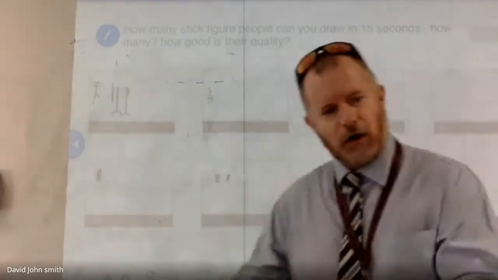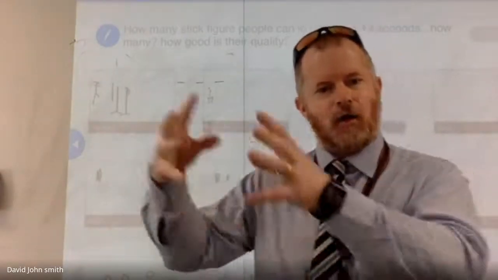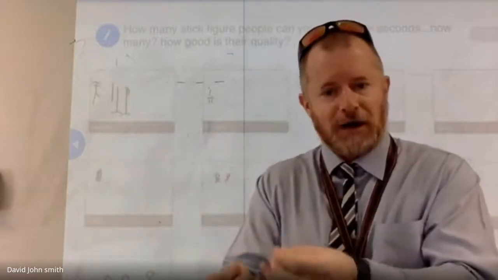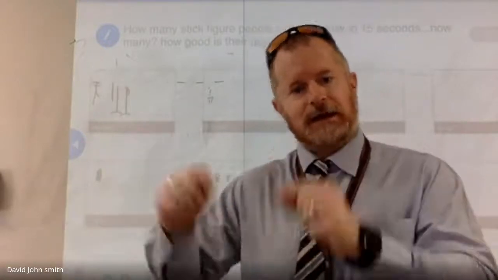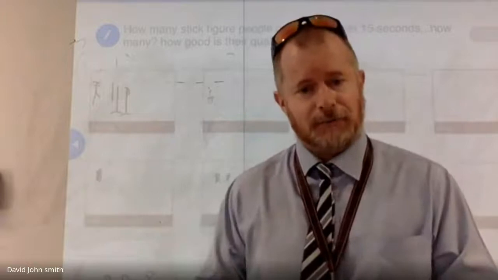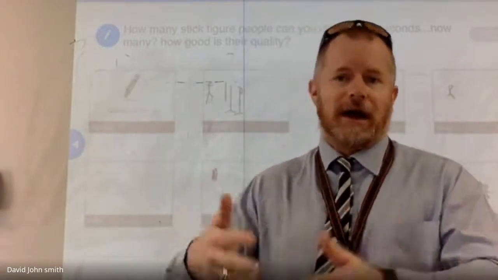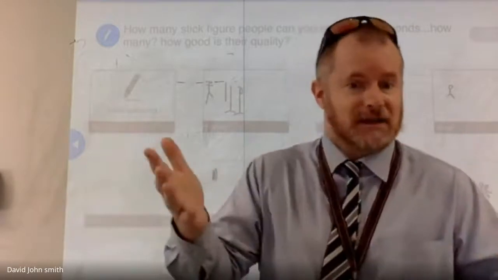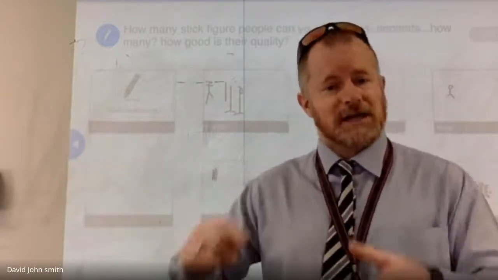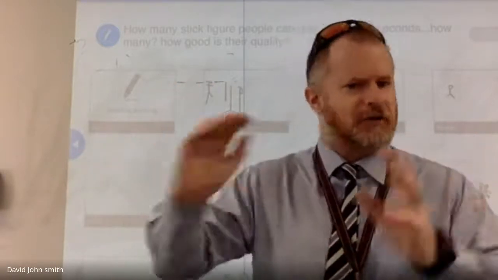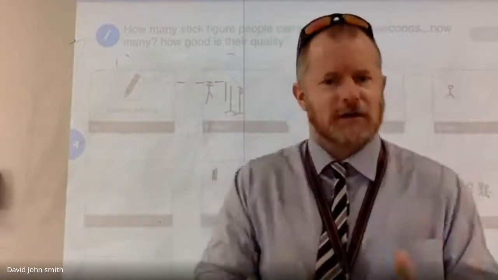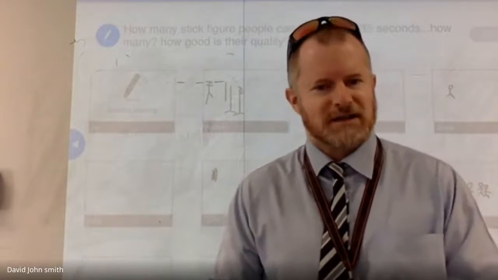So that's the idea of productivity. It's about how much output or production or product you can make in a set period of time, right? So how many hamburgers per hour? How many hamburgers per minute? Or in this case, how many stick figures per 15 seconds? I put 15 seconds to give you a bit of stress, and if you're having a bit of a race at it, that's the idea.